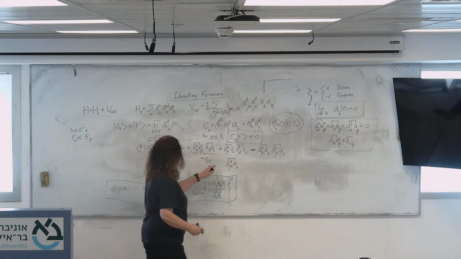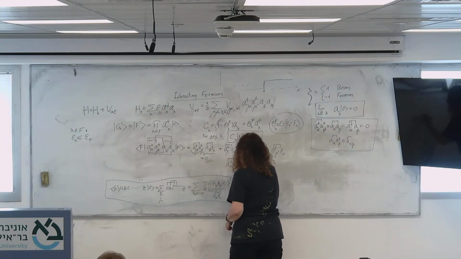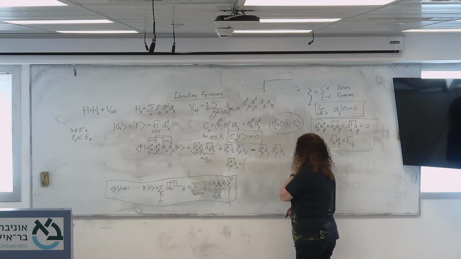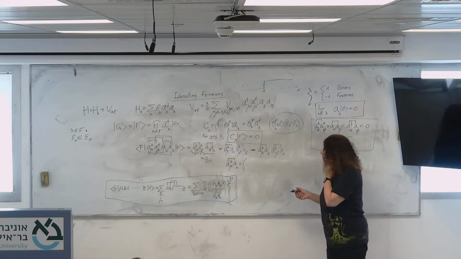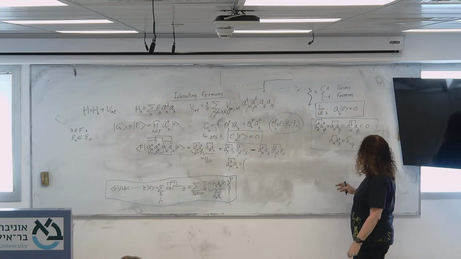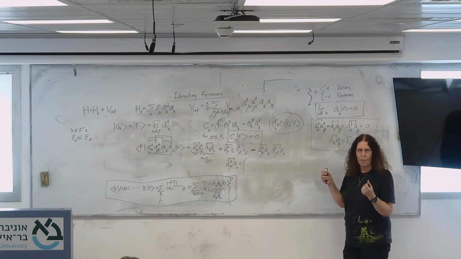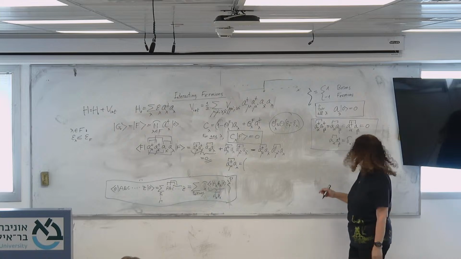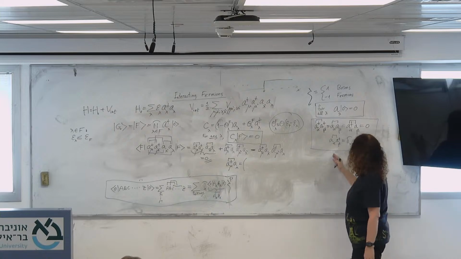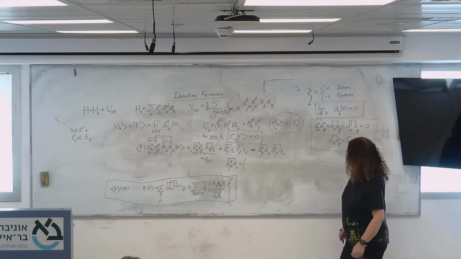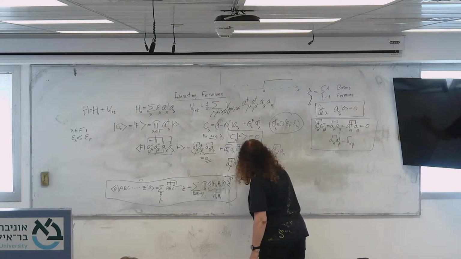So let's again use the transformation to the C operators in order to see what we get from the contraction. And for the C operators, we are only going to get one term, one combination that will give us non-zero, and that's the one that has C dagger. Okay? So let me write it down.